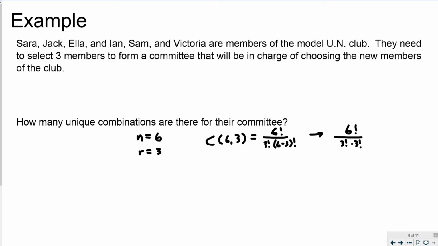And when I use 6 nCr 3 as my calculator shortcut, we came up with 20. There are 20 ways, 20 combos that they can create for their committee in order to select new members.